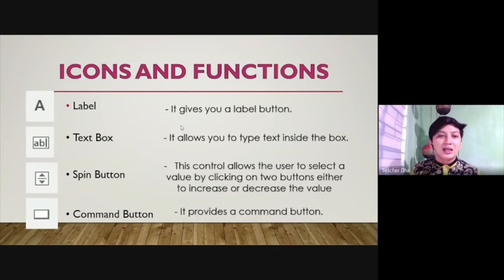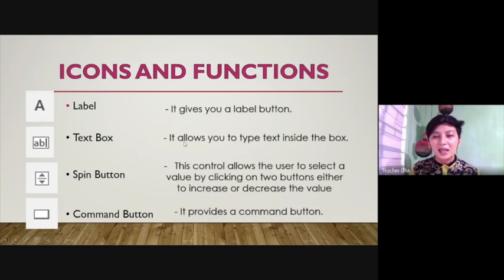Okay. When you see this one, this is what we call label. It gives you a label button. So meaning to say, if you use it, you can make a label out of it. It's like a box, and then you put some label on it. And then next we have the text box. This is what the text box looks like.